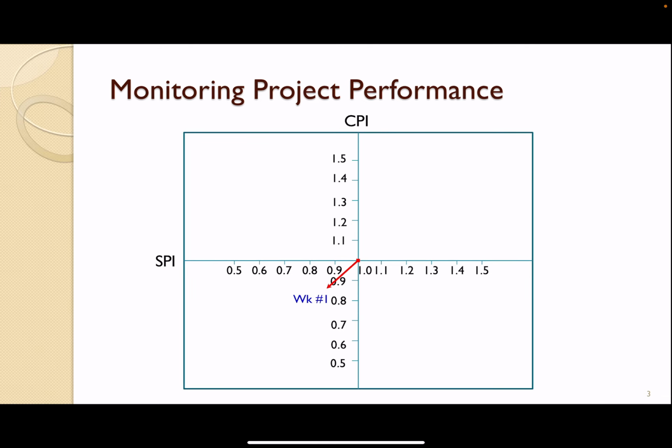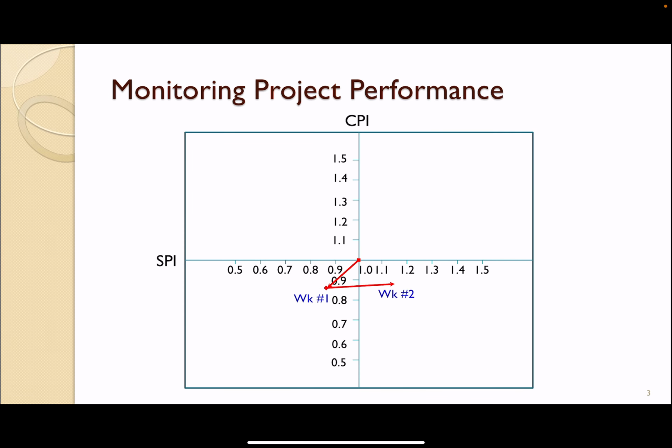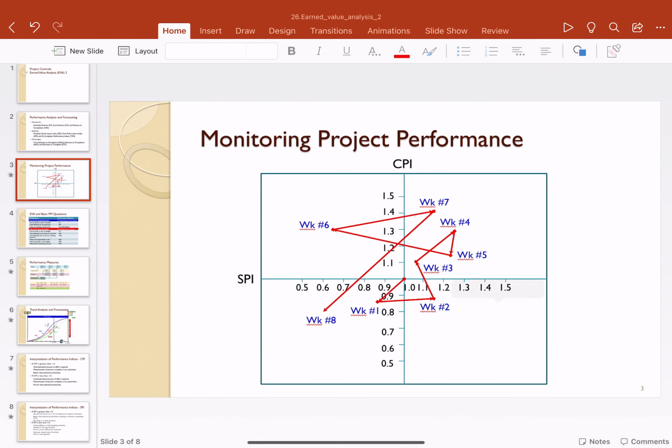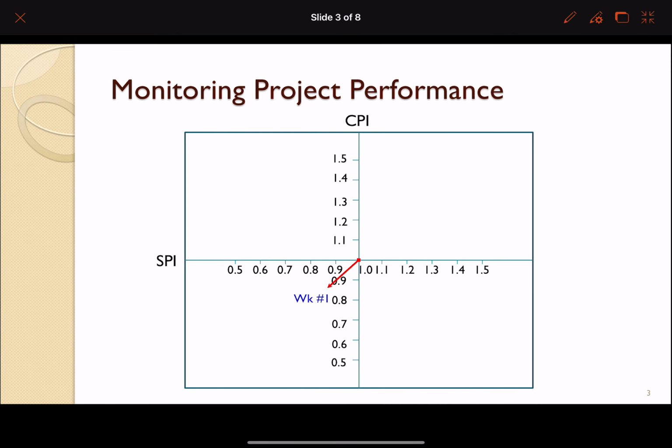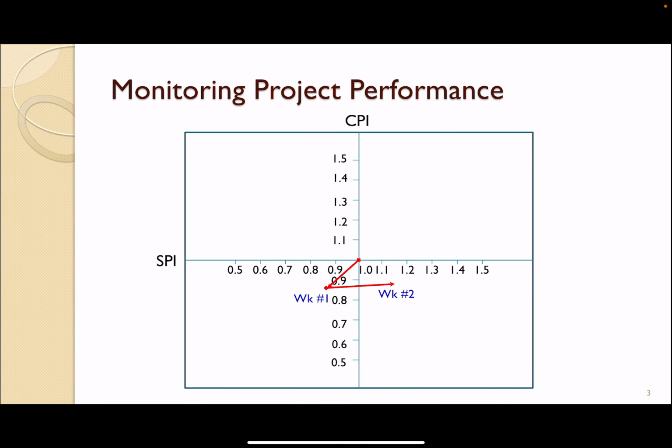And then you have week number 2. It goes a little bit better in terms of the schedule. SPI greater than 1 is ahead of schedule, but CPI is still less than 1, over budget. Then move to week 3.